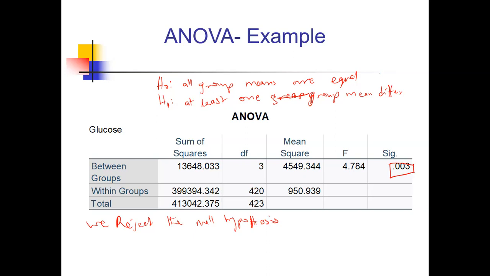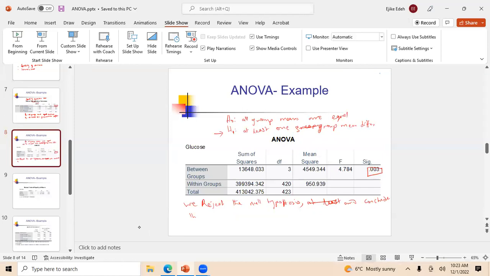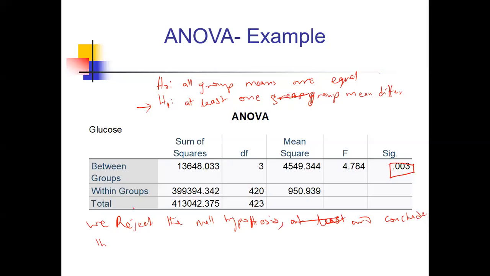And once you reject the null hypothesis because the p-value is less than 0.05, then you're going to conclude in support of the alternative. So we reject the null hypothesis and conclude that at least one of the group means differ.